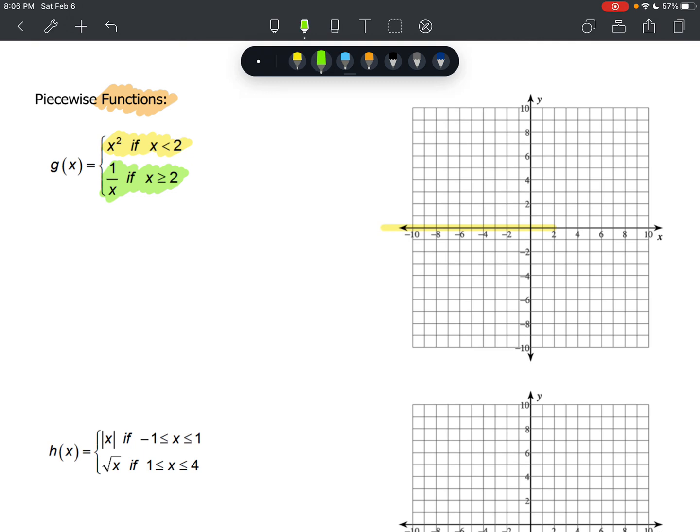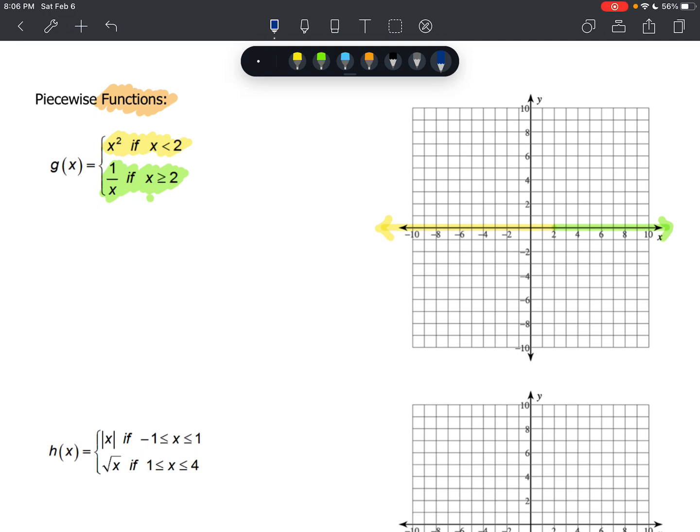And then the other piece, 1 over x, if x is greater than or equal to 2. So I go over to 2, and greater than or equal to, I highlight that in green. So you can see that the two colors meet together at x equals 2. So I'm going to start at that meeting point, x equals 2.